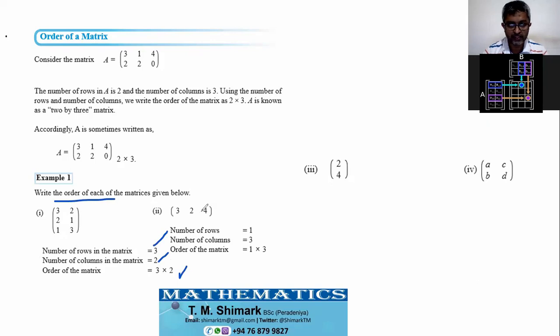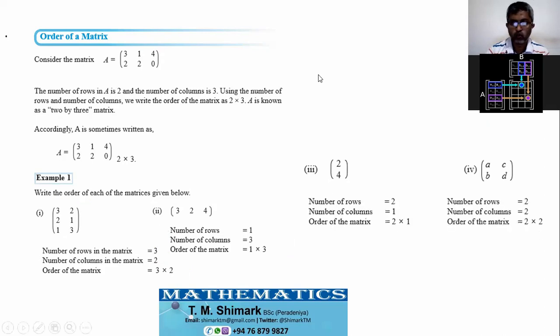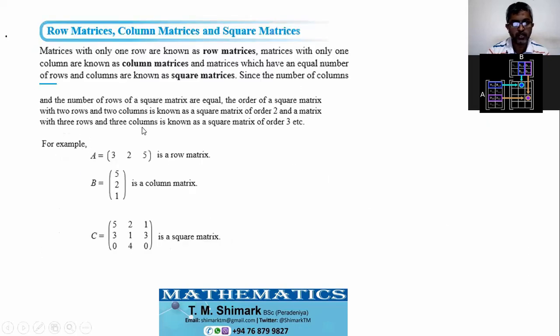Same here, the number of rows is 1 and the number of columns is 3, so the order of the matrix is 1 by 3. So 2 into 1, 2 into 2, simple as that. Always check the order with rows first and columns second.